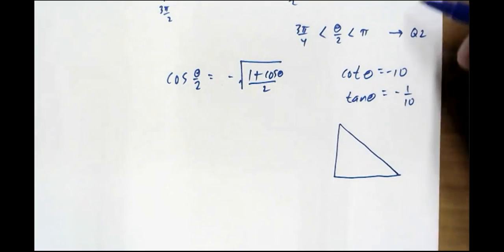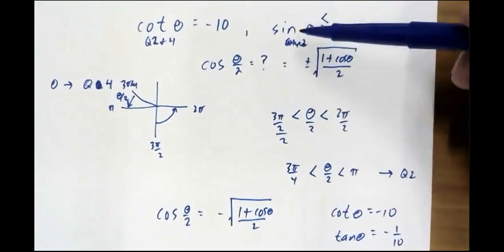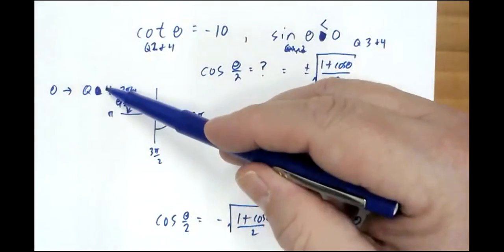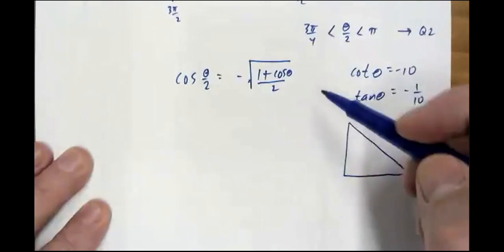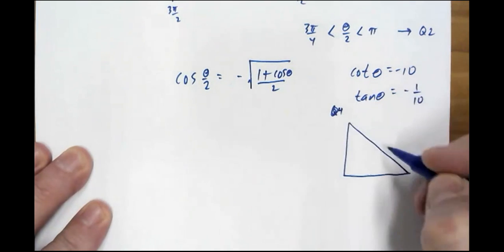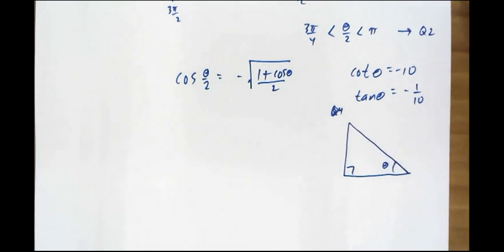Now I know from way back up here, I determined that theta is in quadrant 4. So just to remind myself, since this is an actual right triangle for theta, I know it's quadrant 4.